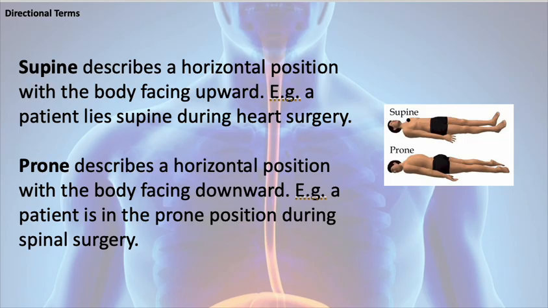These are more anterior structures of the ventral cavity, and therefore you would access them from the anterior surface of the body. So a patient for these types of surgeries would be lying supine. Prone describes the horizontal position with the body facing down. Therefore, a patient may be lying prone during spinal surgery when we want to access the dorsal or posterior cavity of the body.